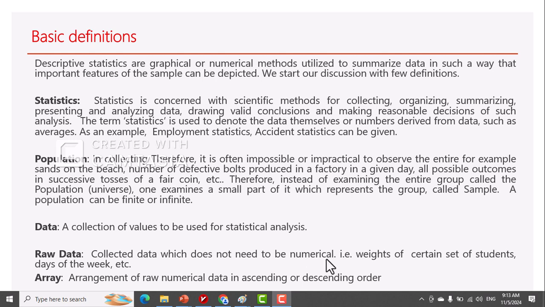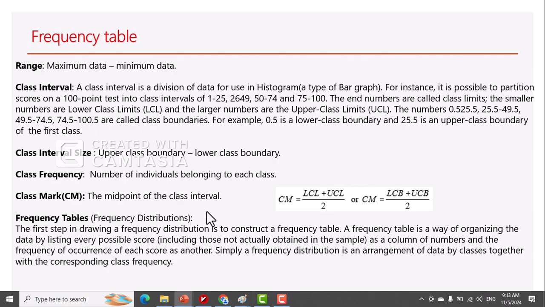The weights of a certain set of students are an example of that, or days of the week. We also have the definition of an array, which is the arrangement of raw numerical data in ascending or descending order. So if we collect the data, we need to make a table to summarize it, and make an organization for that type of data.